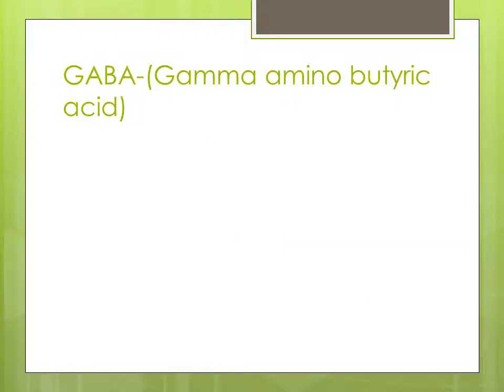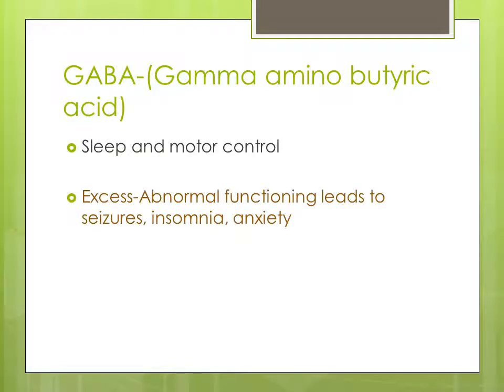Gamma aminobutyric acid, GABA, impacts sleep and motor control. An excess amount can lead to abnormal functioning with seizures, insomnia, and anxiety. So you can't fall asleep and maybe you're potentially anxious. The drug that interferes with this is alcohol.